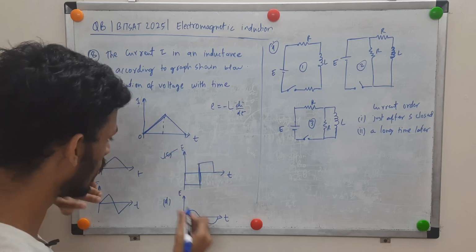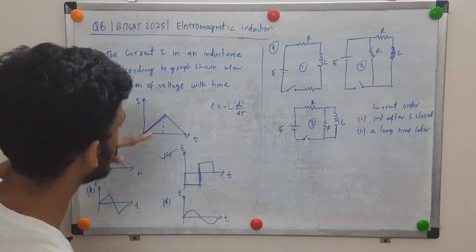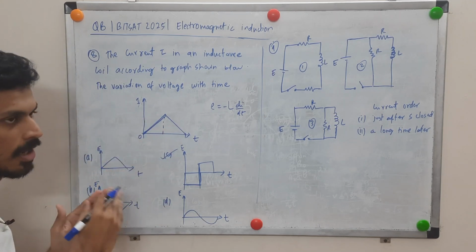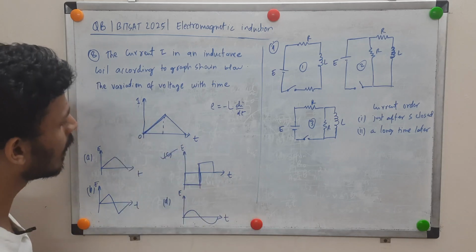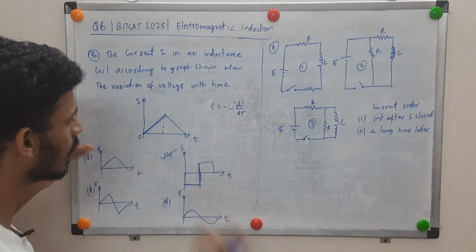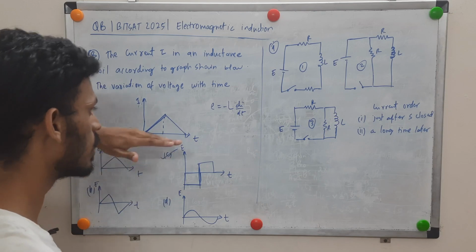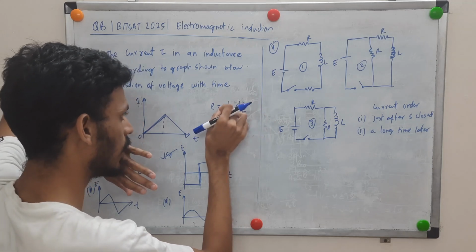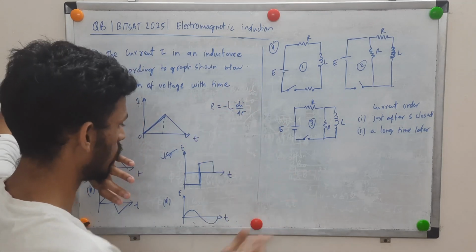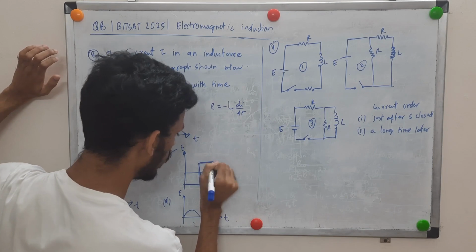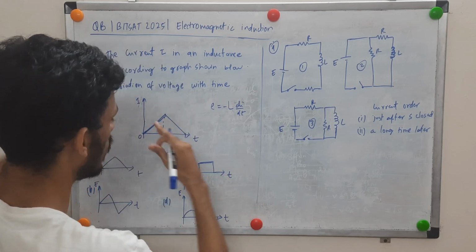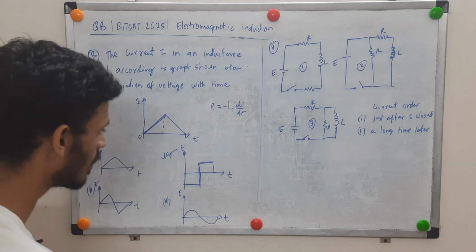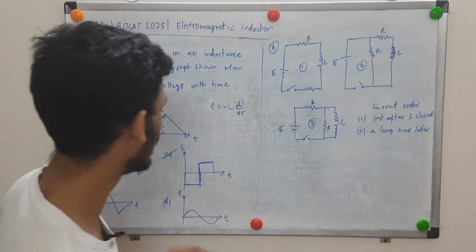And you'll see that it should be constant, right? Because the slope is remaining constant, not changing with time, at least in the first half. In the next half it is becoming negative, similar in magnitude but opposite. So di by dt is negative now, and this negative will make it positive, and so it will gain a positive value at this point. So there is a discontinuity, or you can explicitly integrate this, but that will be slightly tough.